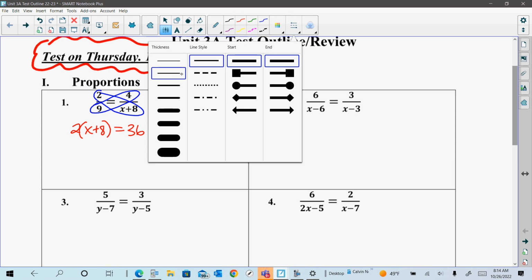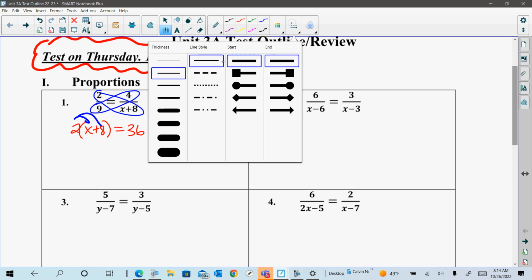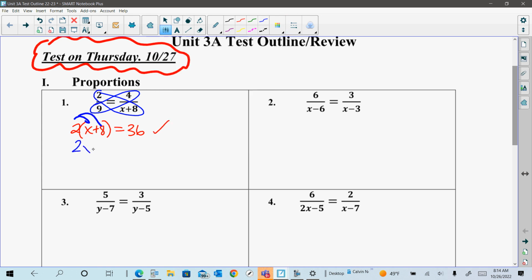Then you would need to distribute the 2, which would result in 2x plus 16 equals 36. And then now we're back to a 2-step equation, solving for x. Subtract your 16. We get 2x equals 20. And then you should get x equals 10.